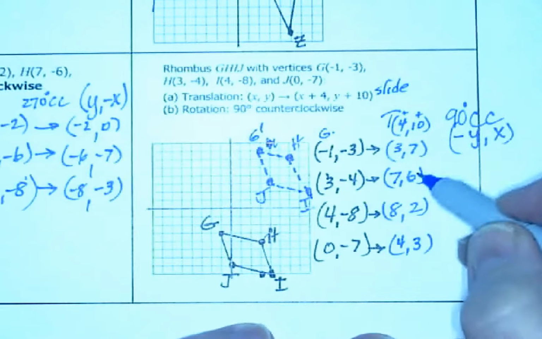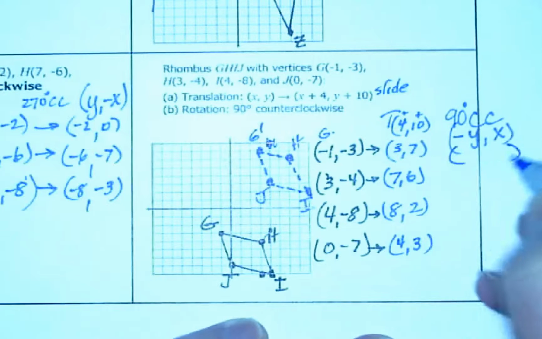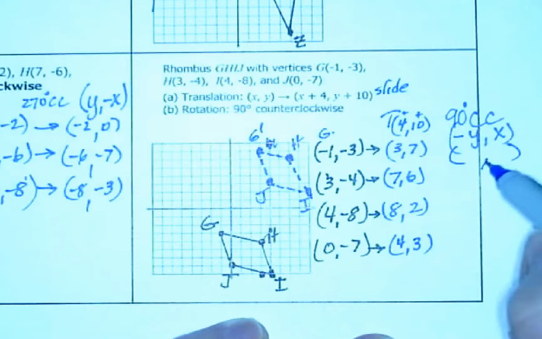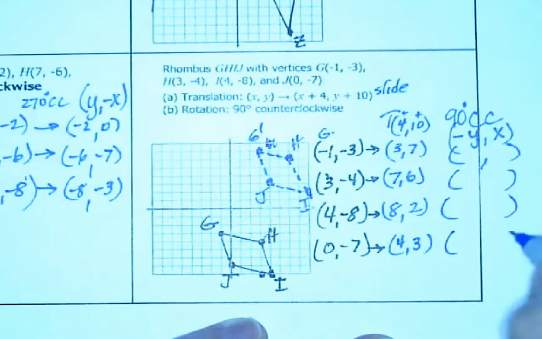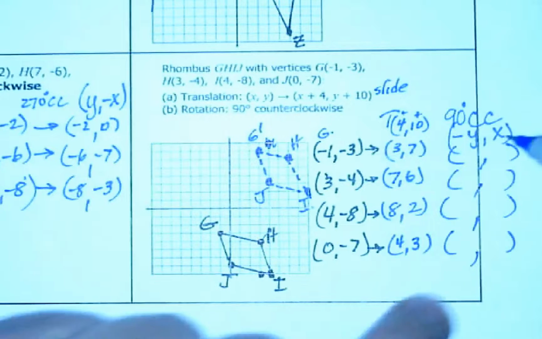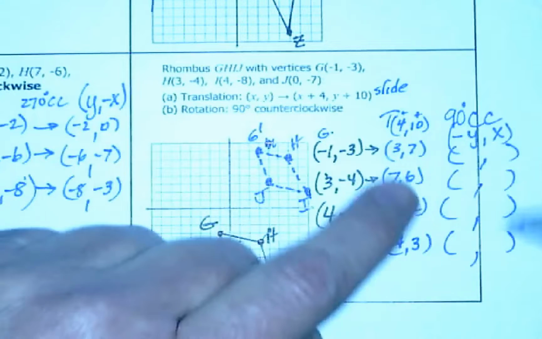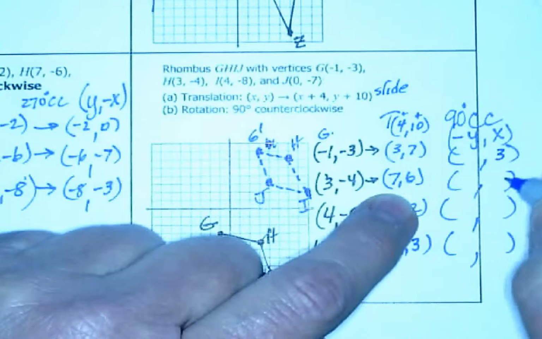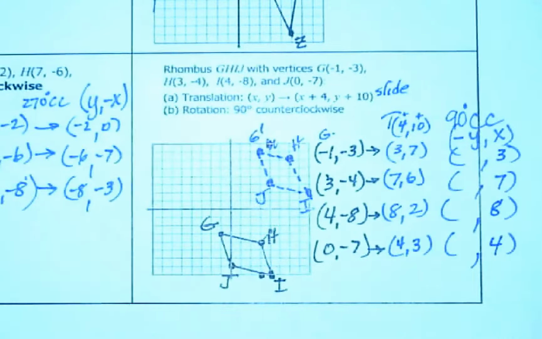So I have to go now through each of these 4 points and get the new ordered pairs. So I'm just going to go here. There's my commas. So you can see in the second position here are the x values. So the 3, the 7, the 8, and this 4 will never change. Okay? Not will never change, but in this problem they're going to be exactly the same.